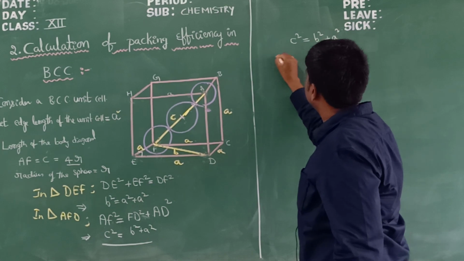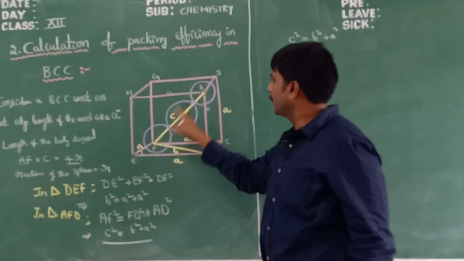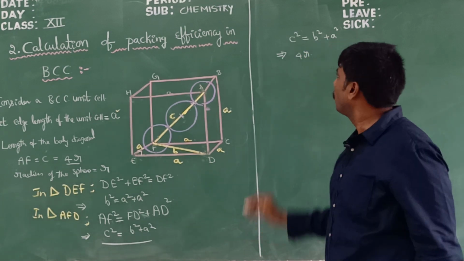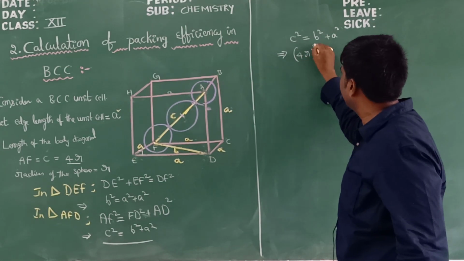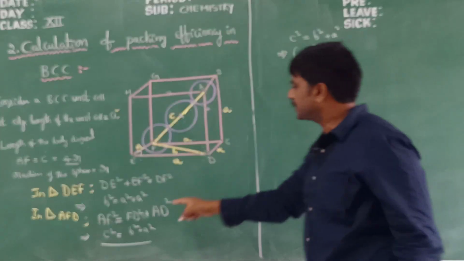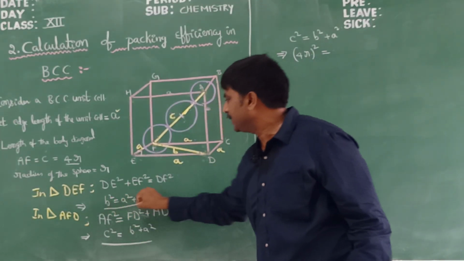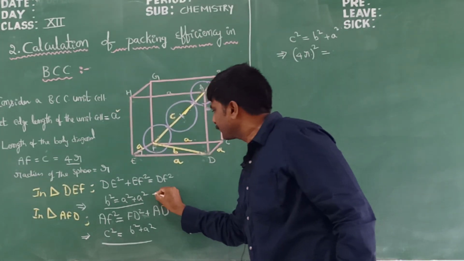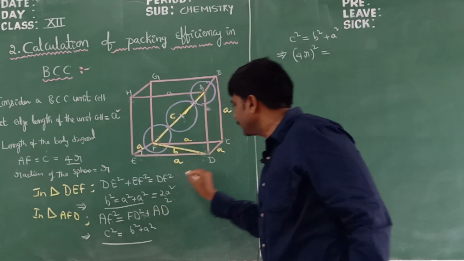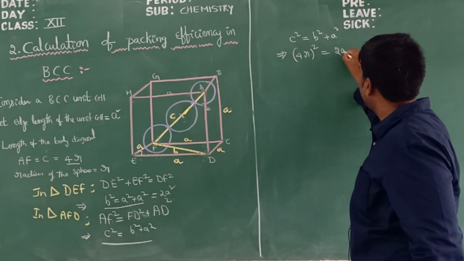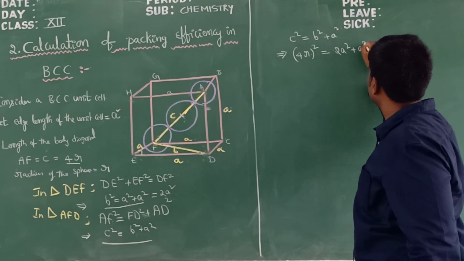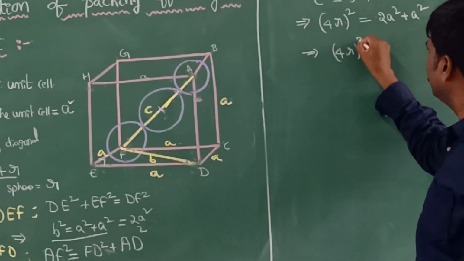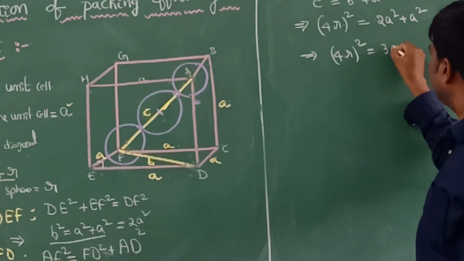But you know, what is C? Body diagonal. The length of the body diagonal is 4R. So 4R whole square is equal to B square plus A square. B square is equal to A square plus A square, that is 2A square. So 4R whole square is equal to 3A square.